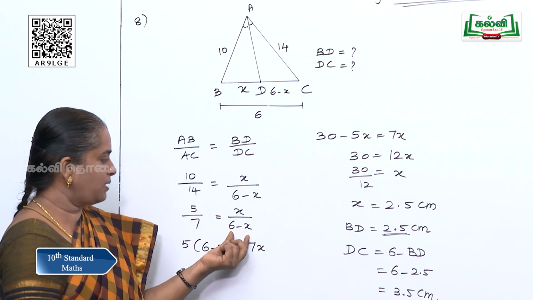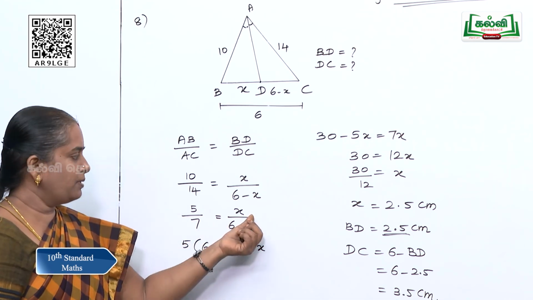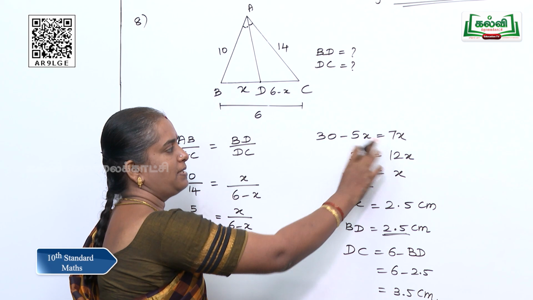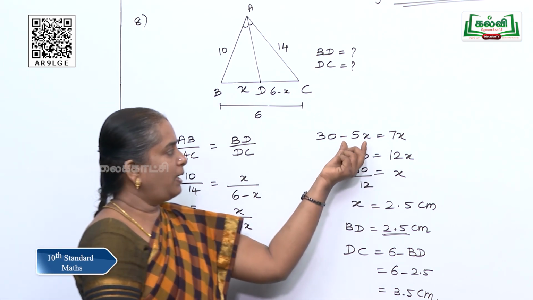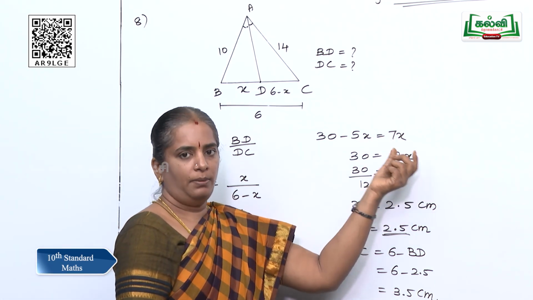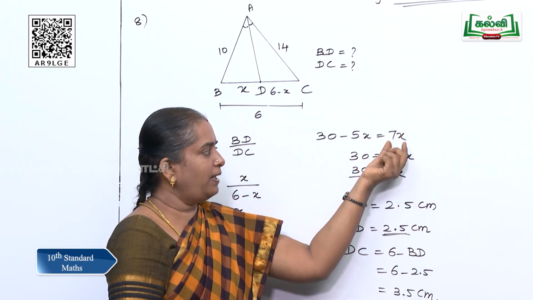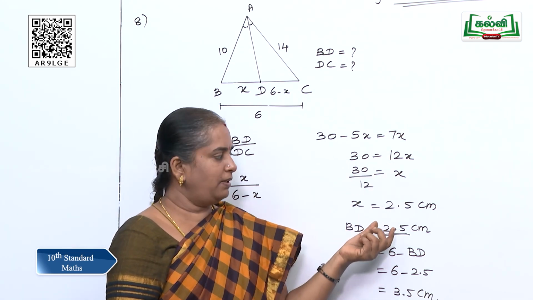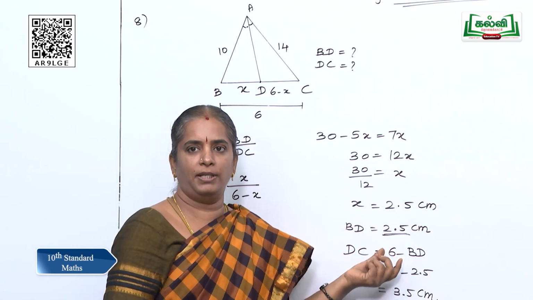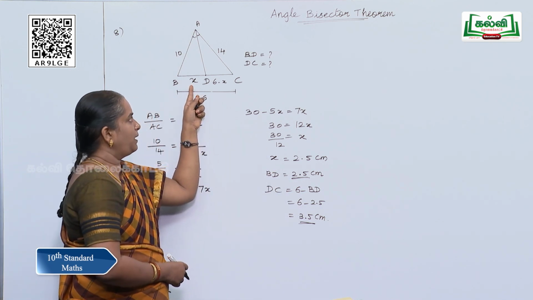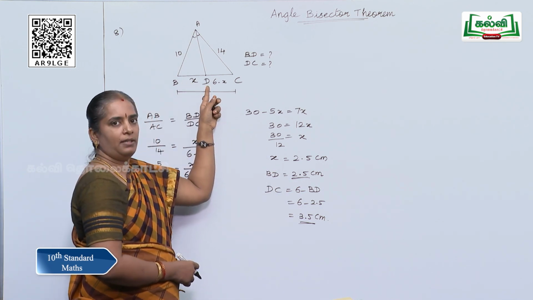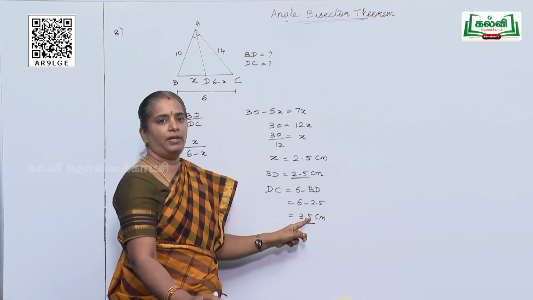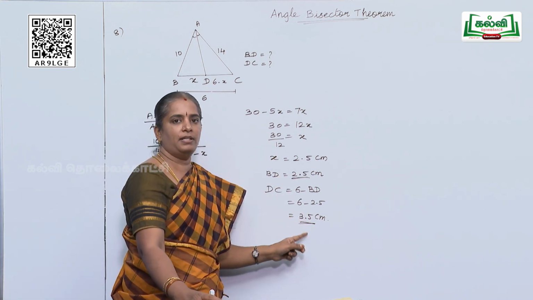So, 5 into 6 minus X is equal to 7 into X. Multiplying we get 30 minus 5x is equal to 7x. So, minus 5x will go as plus 5x that side. So, 12x is equal to 30, and x is equal to 30 by 12, which is 2.5 centimeter. Since x is 2.5, that is BD is 2.5 and DC is 6 minus 2.5, which is 3.5 centimeter.